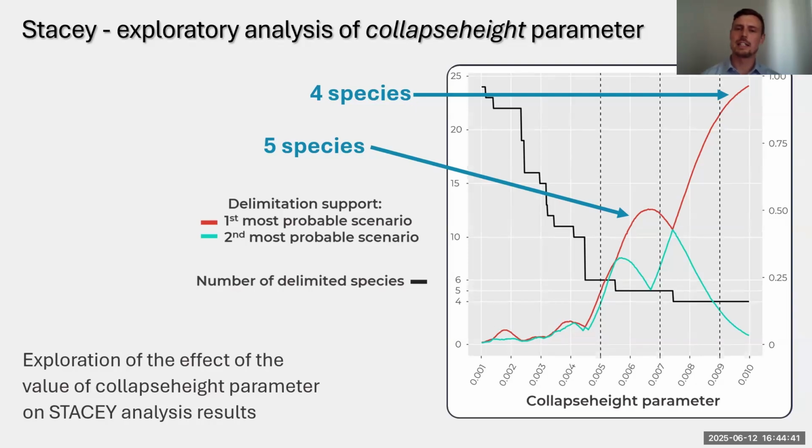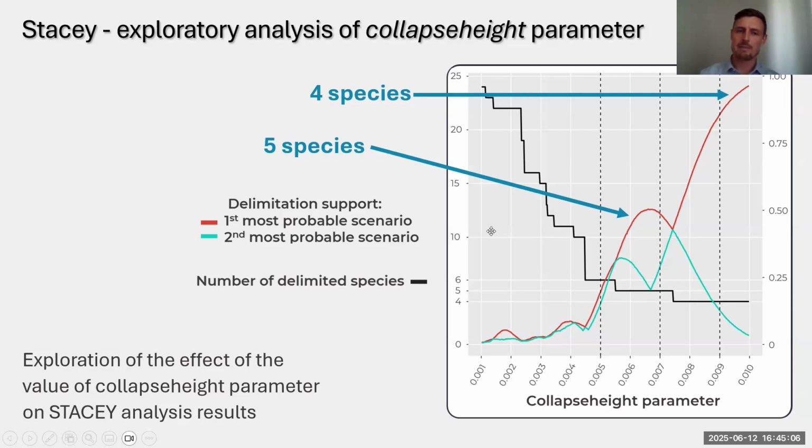So this graph is the result of this exploratory analysis, and it shows you that with the growing value of collapse height, you get this curve which shows the number of delimited species, and it's getting lower.